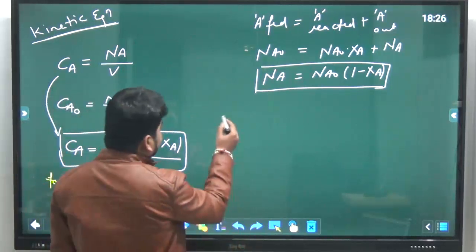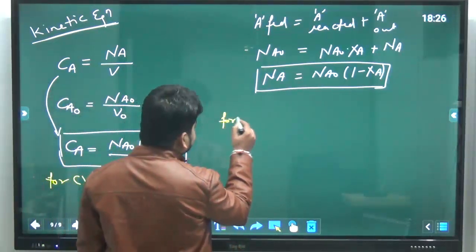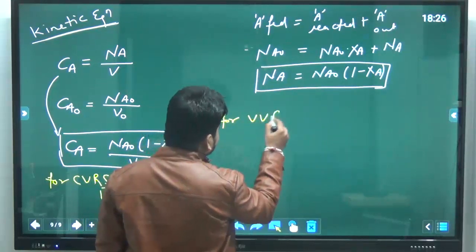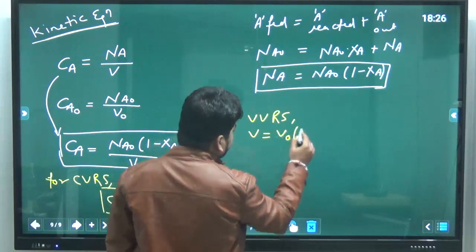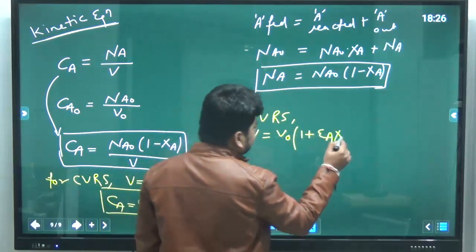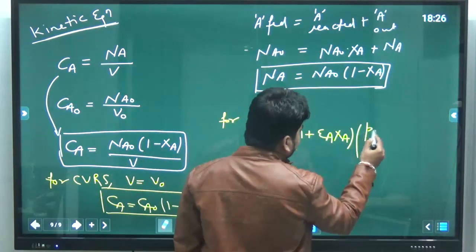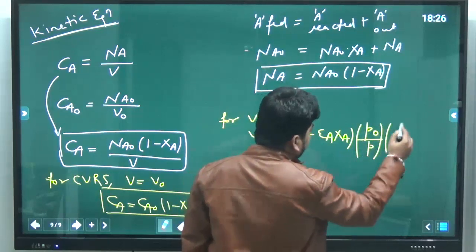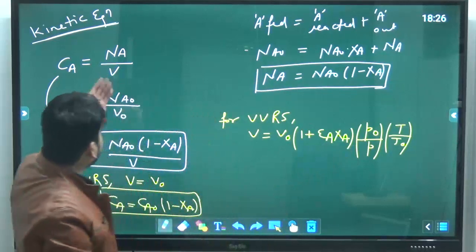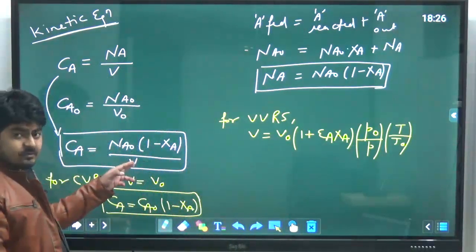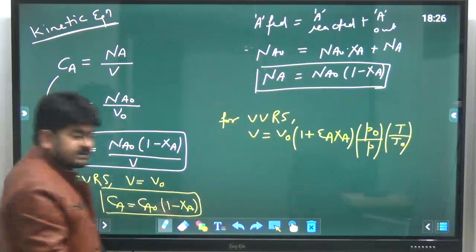Now if I talk about the variable volume reaction system, we know that V is equal to V naught times 1 plus epsilon A Xa, times P naught over P, times T over T naught. So when you put that value here in this equation, Na naught over V naught will be Ca naught.